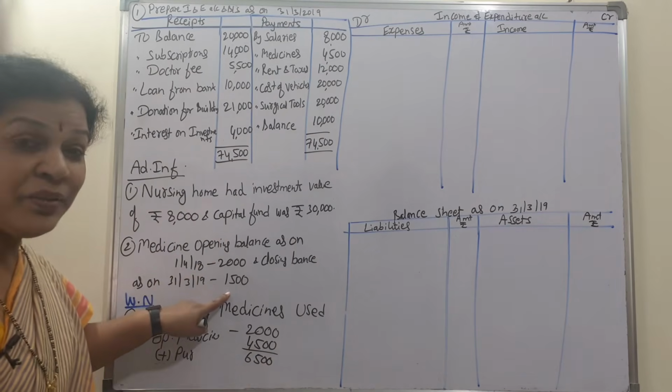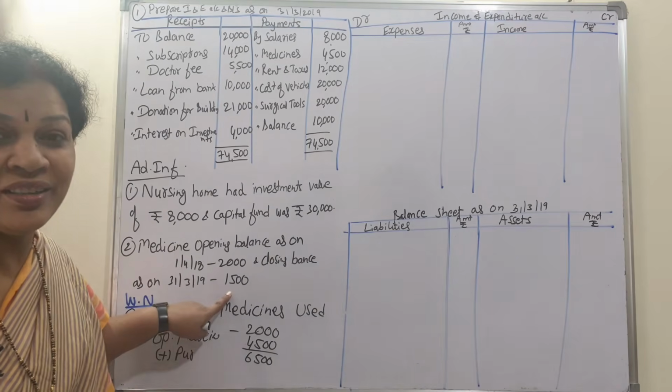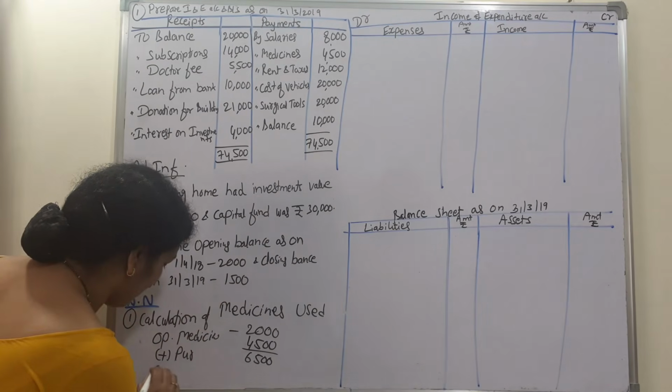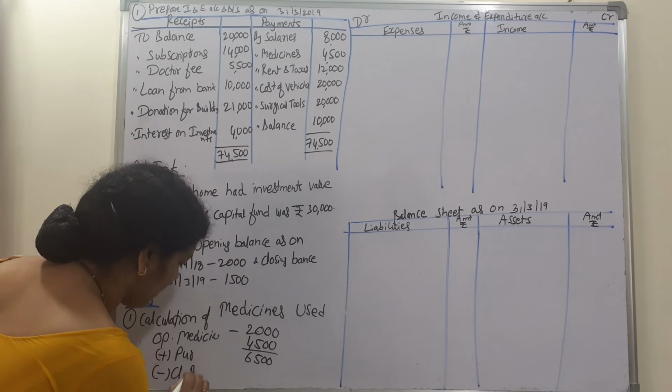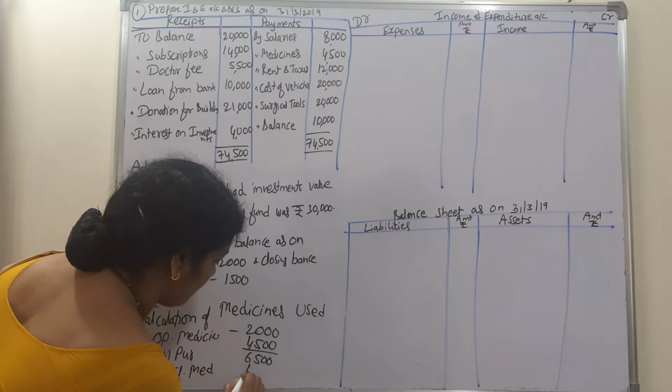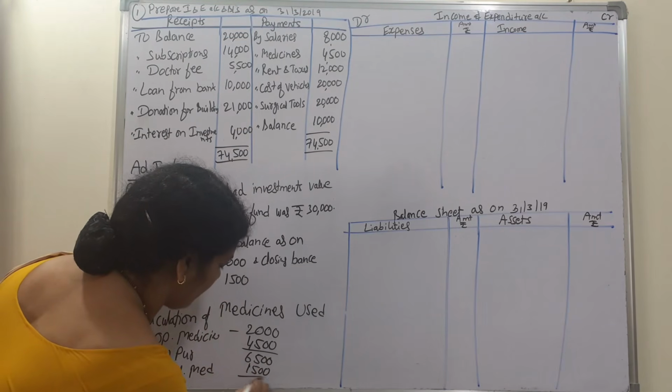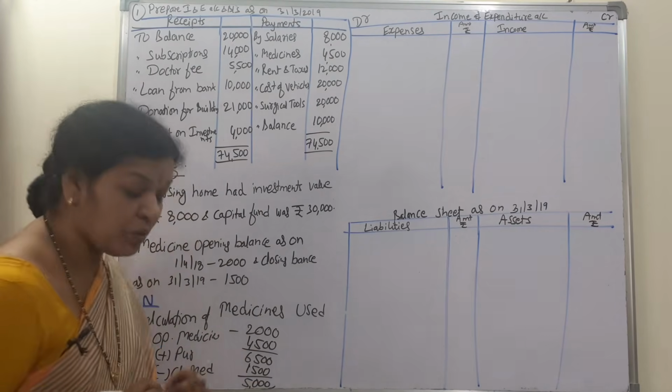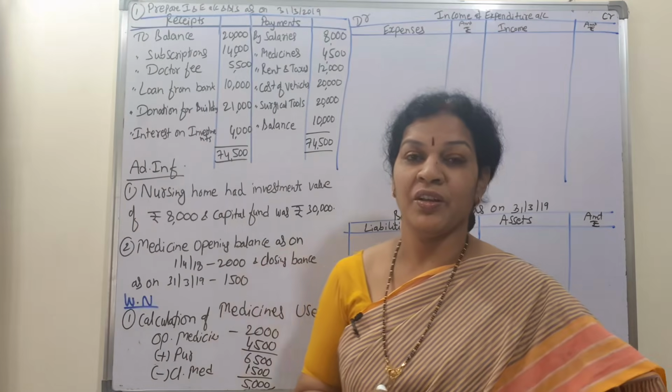Now at the end of the year we have only 1500, so if we subtract the closing medicines of 1500, it is 5000. Only 5000 we have used.